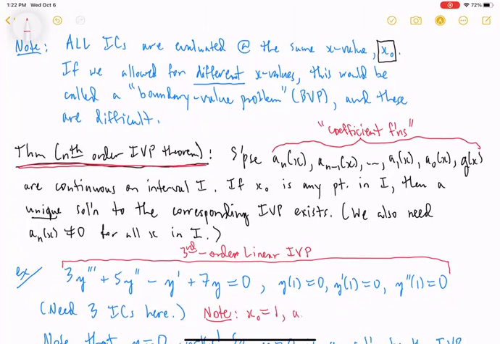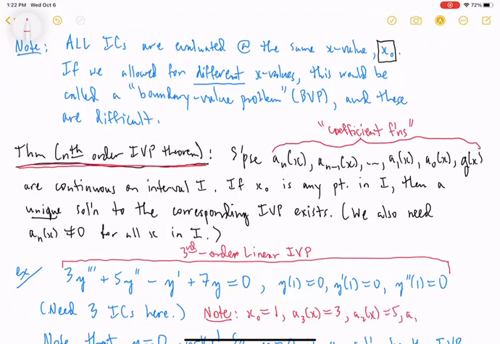What is A3 of x? Just to be kind of clever here, what is the function of x sitting next to the third derivative? That's what A3 of x is. It's the coefficient function sitting next to the third derivative. So what function is it? 3. How silly. A2 of x is 5.